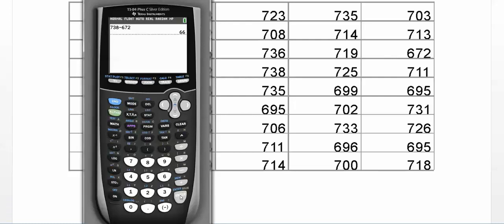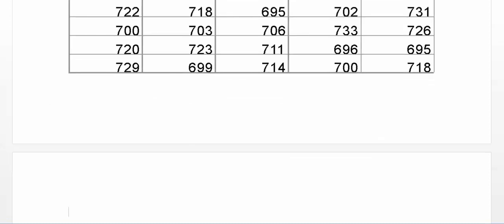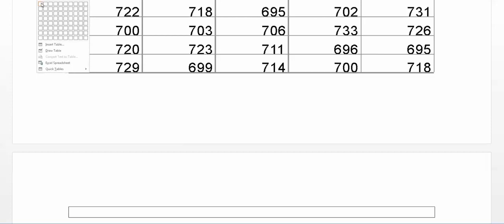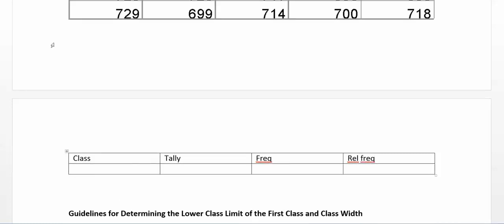Okay. So what I'm going to do before I go in and tally these is I'm going to set up my class widths, and we're going to start right about 670. So I'm going to insert a little table here, and I'm going to go class, tally, frequency and relative frequency, same that we've been doing.